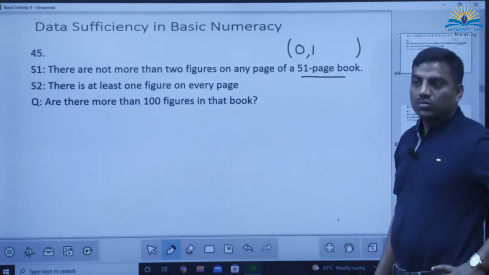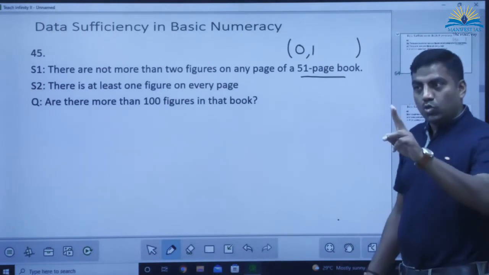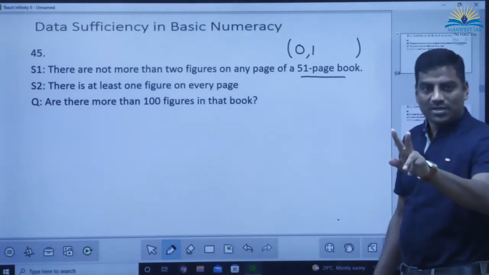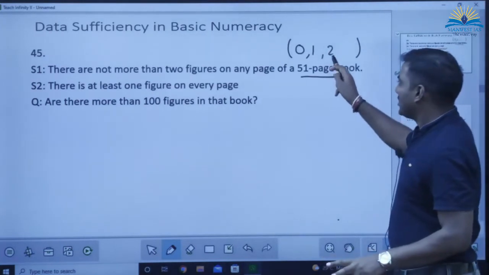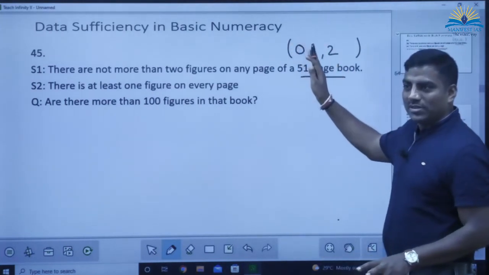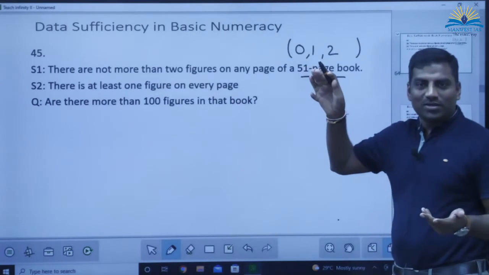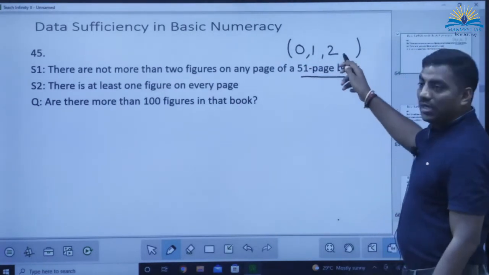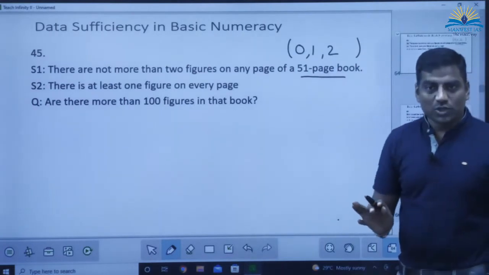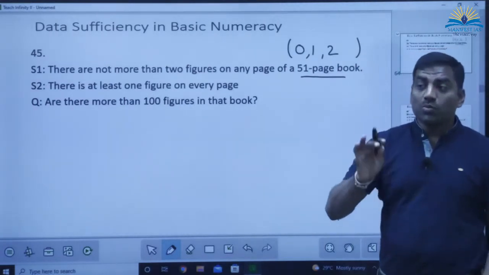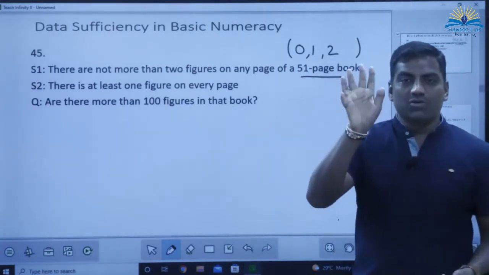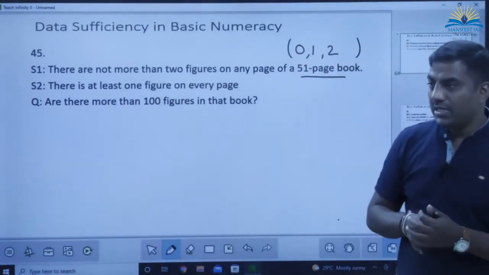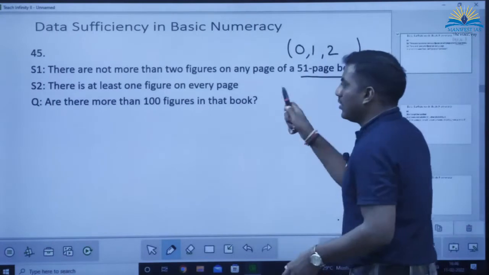What about 2? 2 can be there, but not more than 2. Yesterday, first I interpreted this only, then with some suggestion, I realized 2 also can be an option. Yes or no? Not more than 2 means even 2 is counted; 3 and above is not counted. So 0, 1, 2.